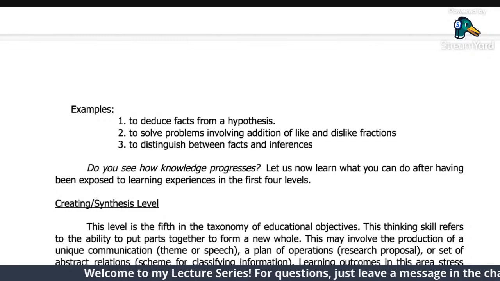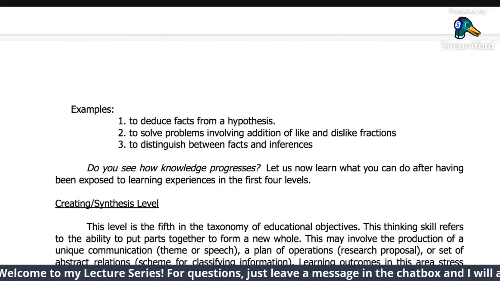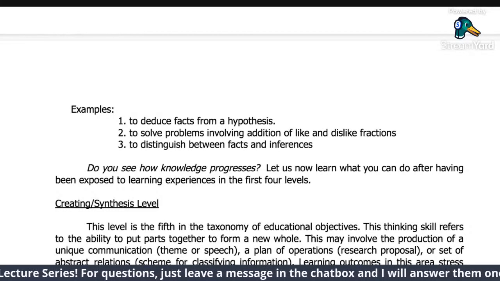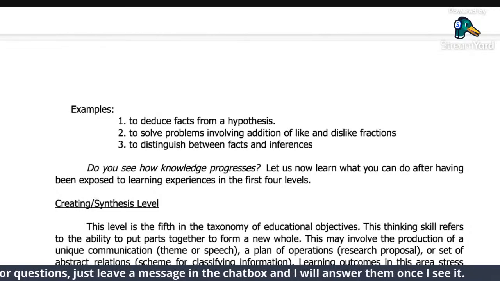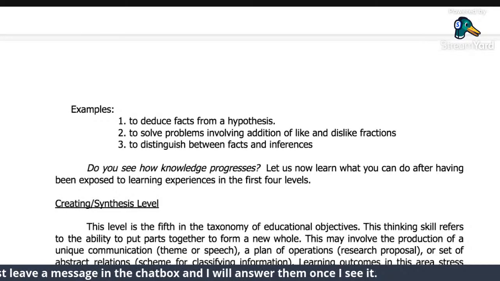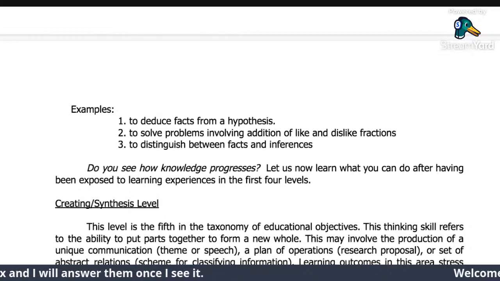You need to know first which are the unlike fractions and which are the like fractions, and once you identify that, you can proceed with solving the problem. So it has a higher level, it has analysis.